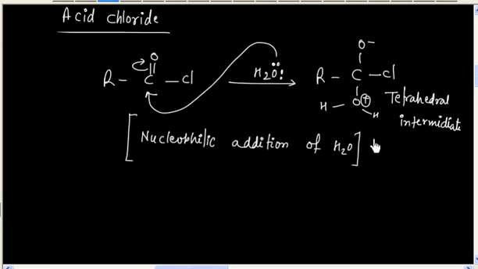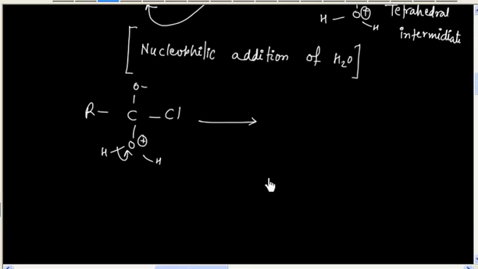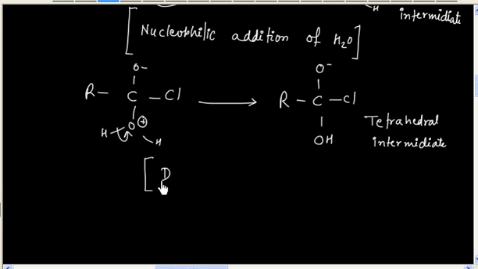Basically it can be deprotonated. So we have this intermediate and this can lose H plus so that it can have OH group. So this is again tetrahedral intermediate after deprotonation. This step is simply deprotonation.